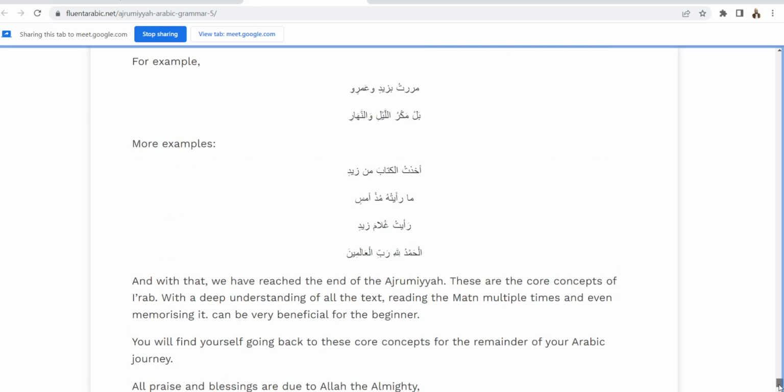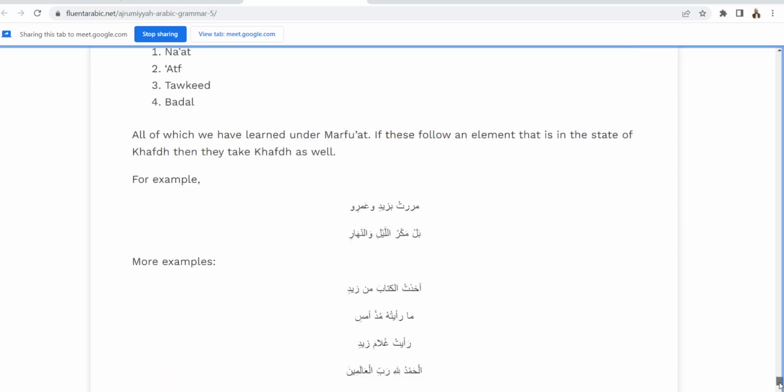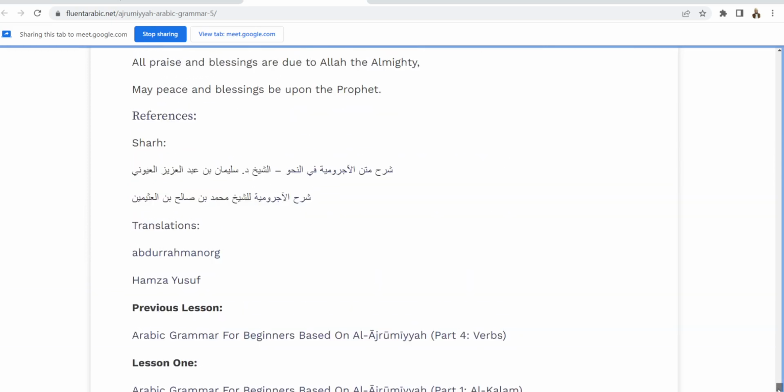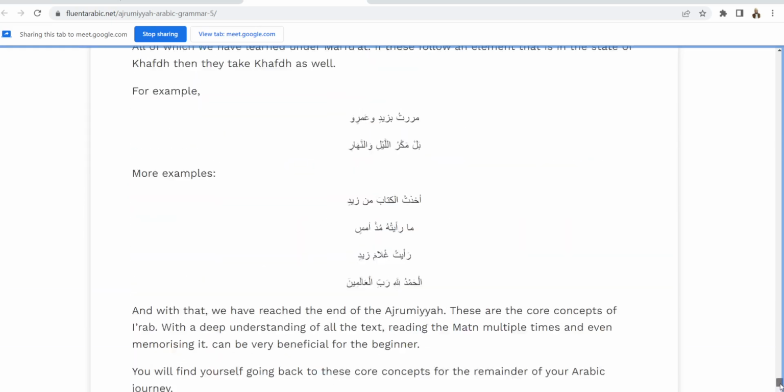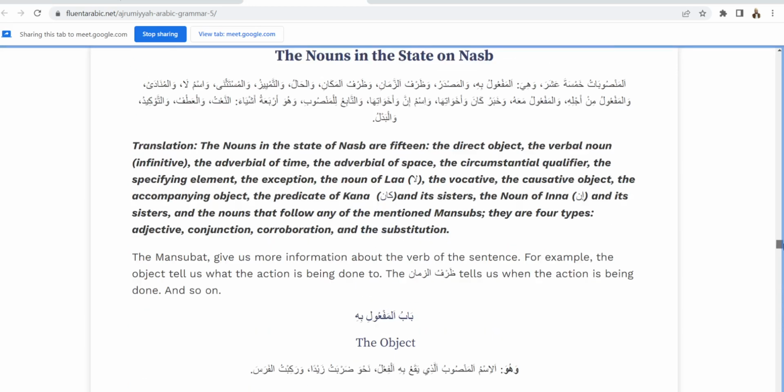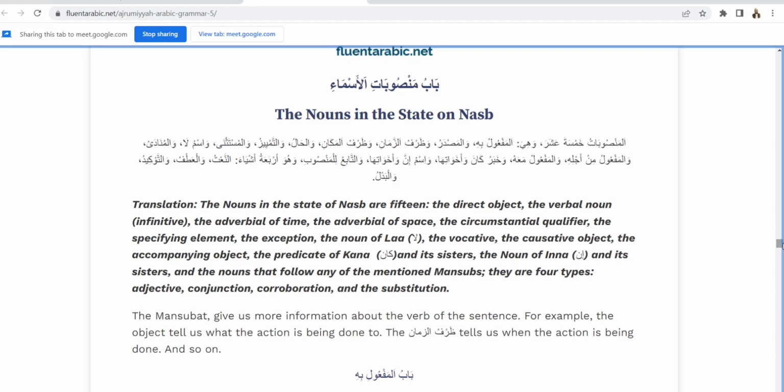منصوبات, and then مخفوضات. Inshallah ta'ala, tomorrow we take al-mansubat, if Allah gives us enough strength and ability.